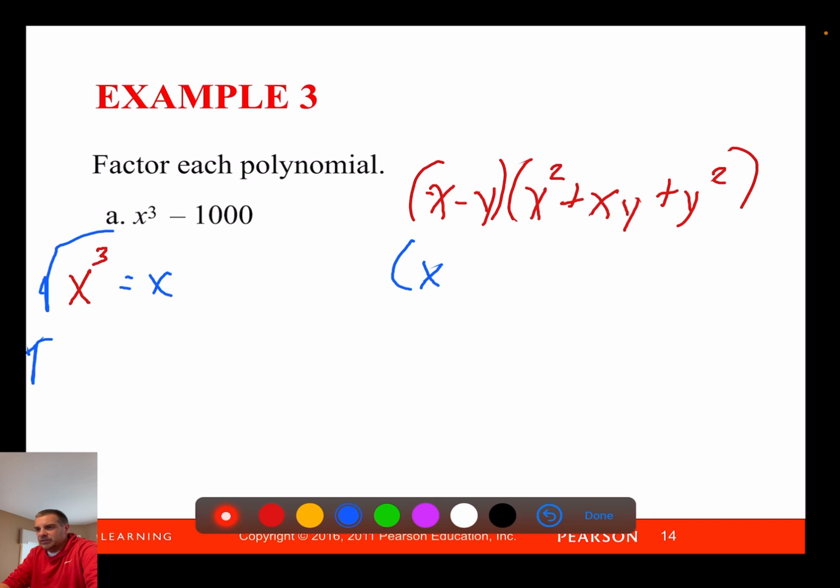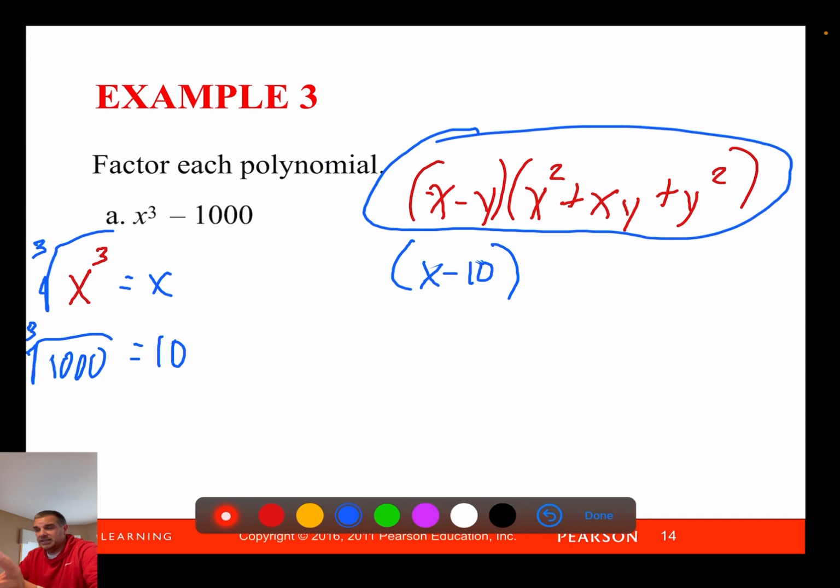We also have to do the cubed root of 1,000. The cubed root of 1,000 is 10. So then my y value, in this case, is going to be 10. So my x is x, and my y in this equation is 10. So that gives me x minus 10.